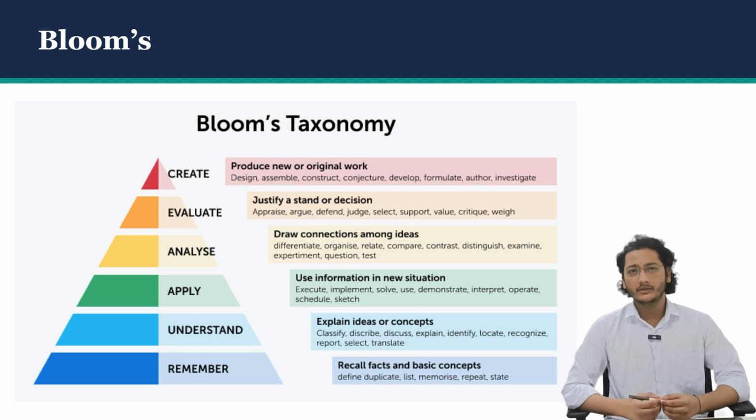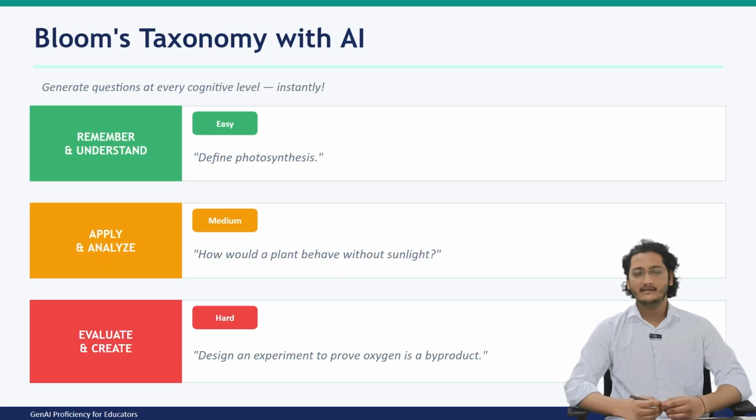We are not going to dig deep into Bloom's taxonomy, rather we are just going to explore how you can generate Bloom's taxonomy questions. On this slide we can see an example of the questions. Remember and understand level questions are like: define photosynthesis, basic, low cognitive level questions.